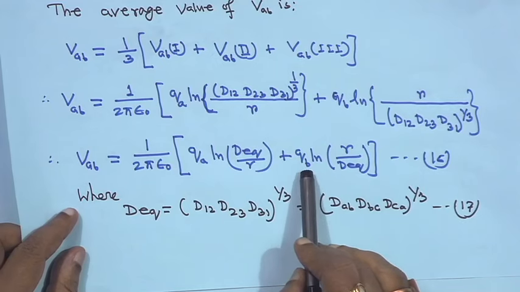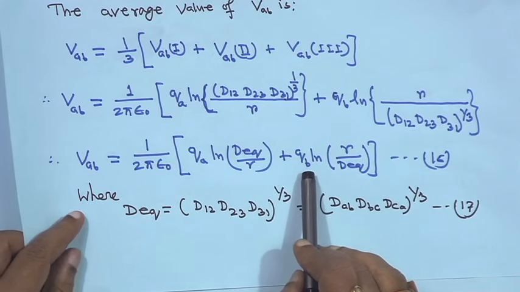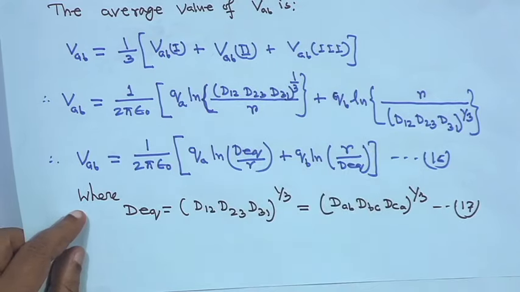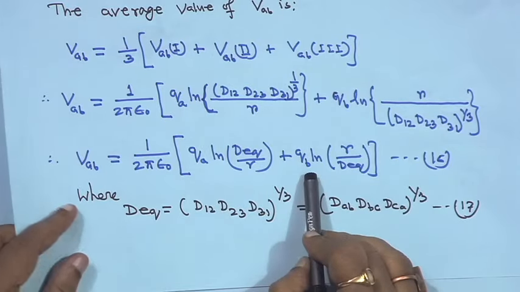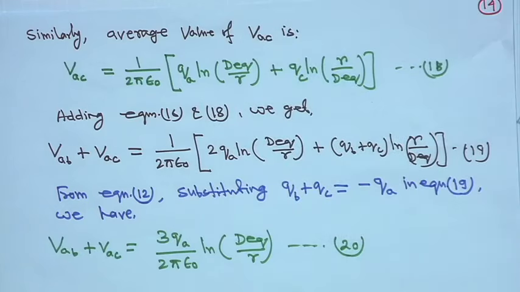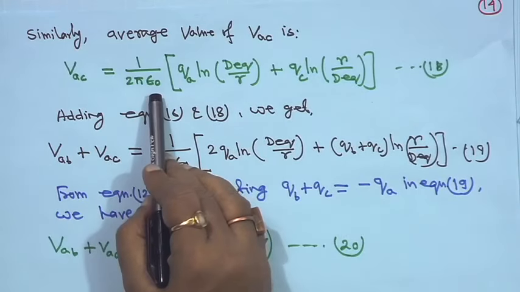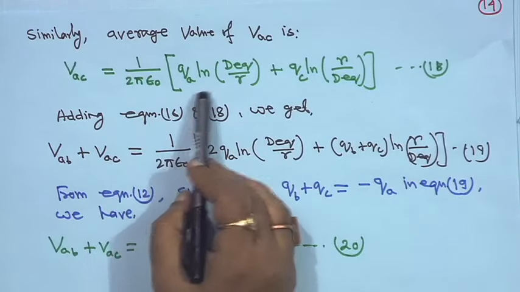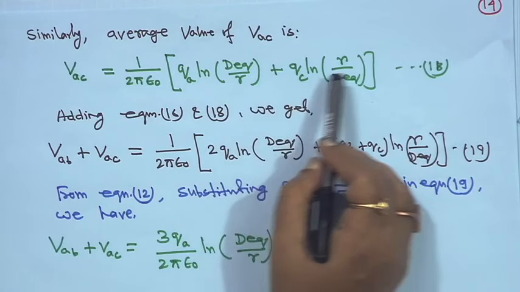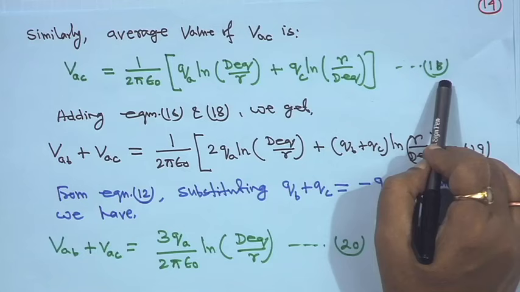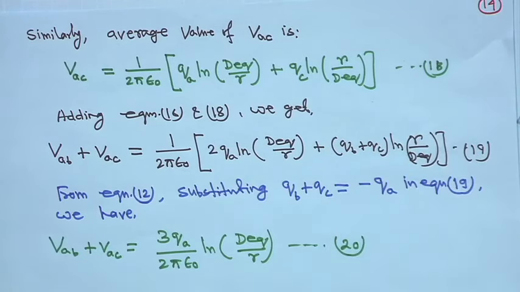So, q c will be eliminated automatically when you substitute, and V ab will be in terms of q a and q b. So, here also from your intuition you can write V ac will be 1 upon 2 pi epsilon 0, q a ln d eq upon r plus q c ln r upon d eq, this is 18. So, straightforward you can write.